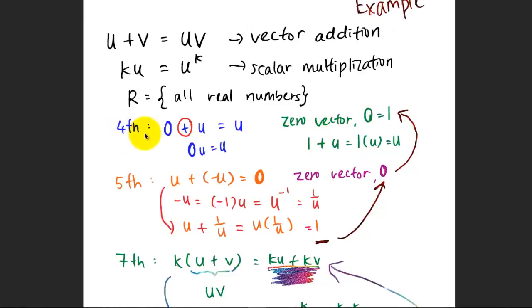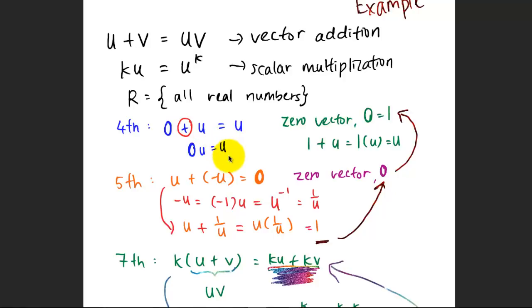So the fourth axiom shows that any addition of the zero vector gives you back the original number. In this case, the addition operation is actually a multiplication. So you have to multiply them together, which means that the zero vector multiplied with u will give you back the u.